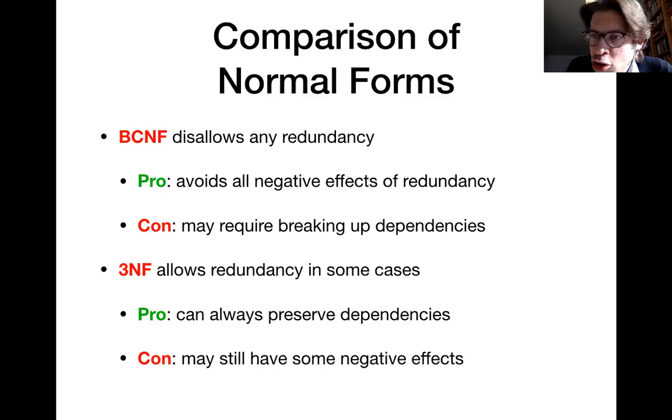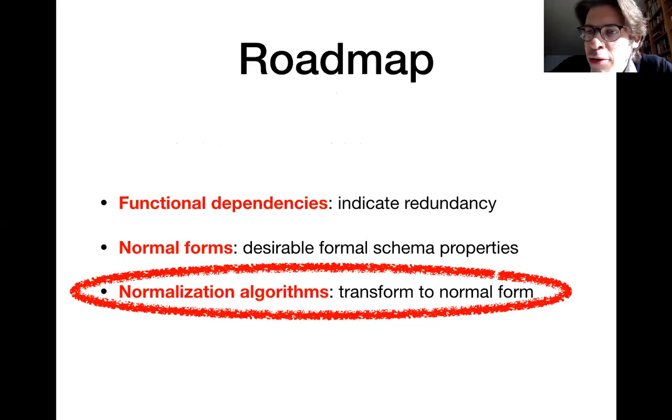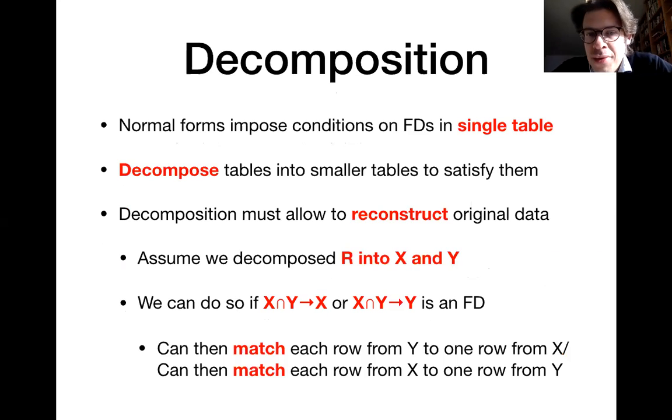We have also quickly started to discuss how we can get to any of those normal forms last time. The key technique to get to one of those normal forms is decomposition. Those normal forms only require that conditions are satisfied for functional dependencies that hold within the same table.